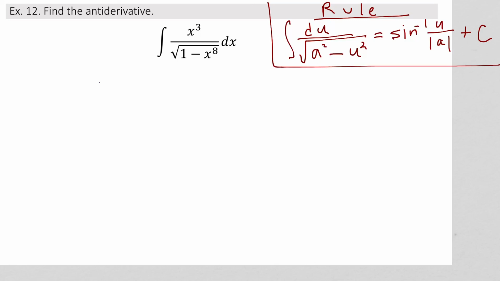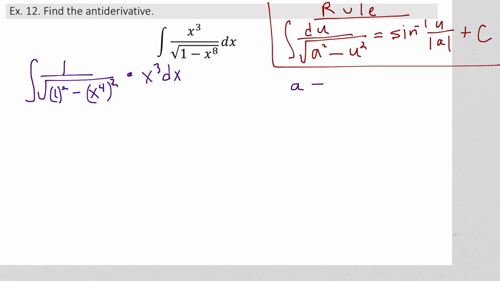So the way I would break up this integral, I would say I've got 1 over the square root of 1 squared minus x to the 4th squared, because 2 times 4 is 8. And then over here I've got the x cubed dx. So that way I'm going to write it out.